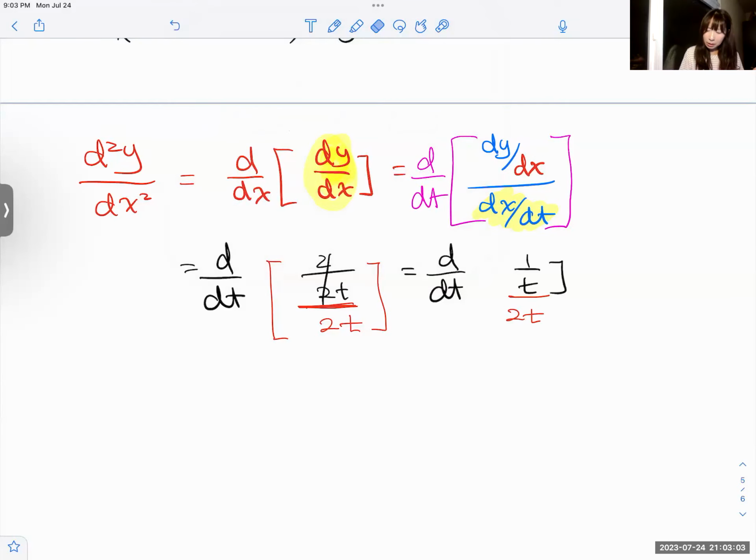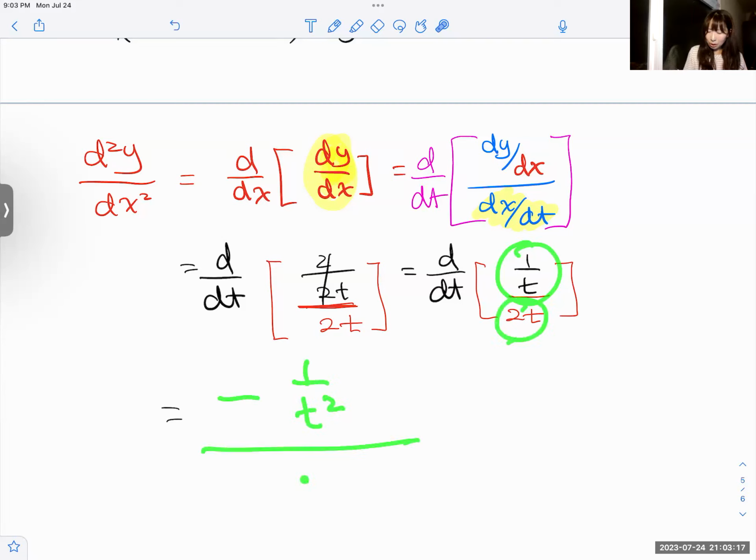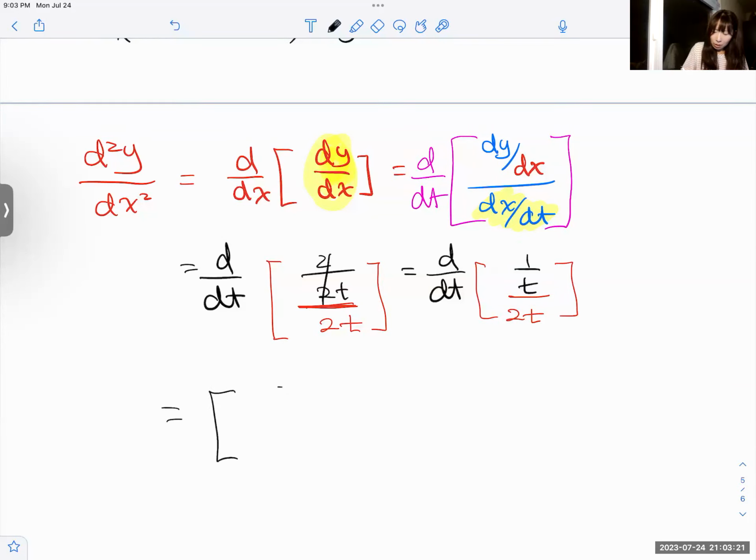I tried to rush, that's why. Okay, then look, this one we knew is -1 over t squared. This one we knew is over 2, right? -1 over t squared over 2t, right?